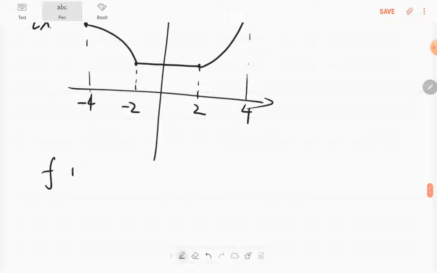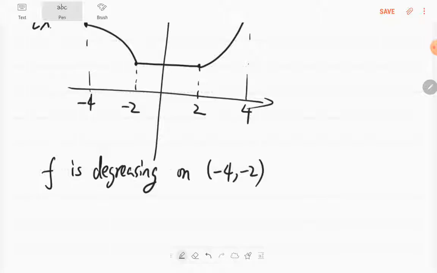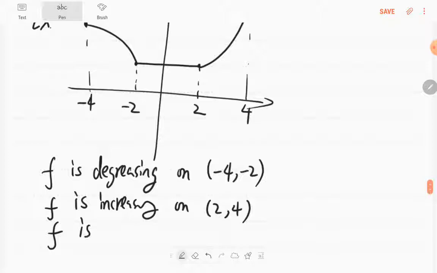So f is decreasing. When we talk about increasing or decreasing, we're always using the open intervals. On the interval from negative 2 to 2, f is increasing. On the interval from 2 to 4, f is constant.